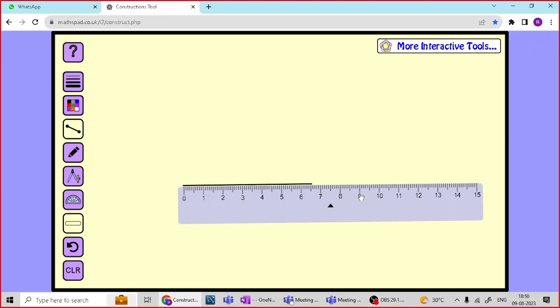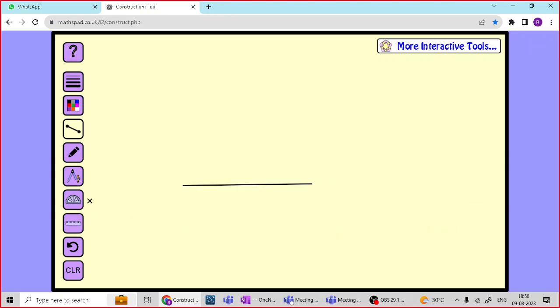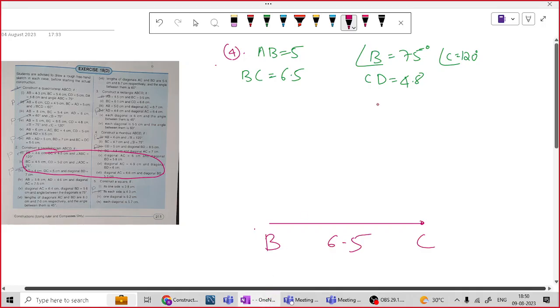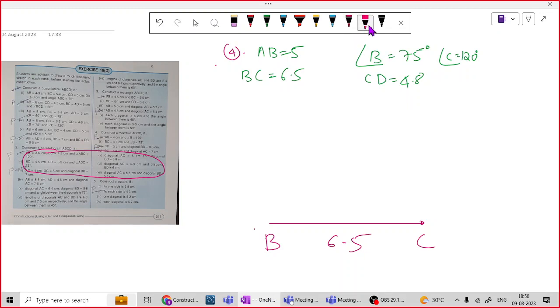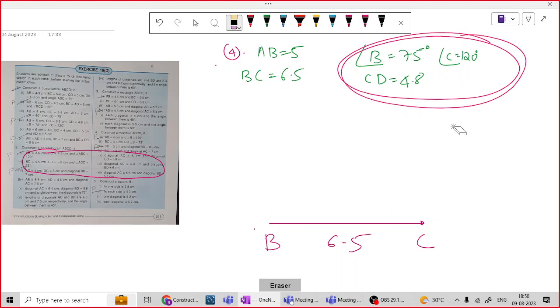Okay, Dinesh, what's the next step? I've drawn 6.5 here. Next. Sir, next step we need to take half of 6.5 and draw 60 degrees. 60 degrees where? We need 75 and 120, right?